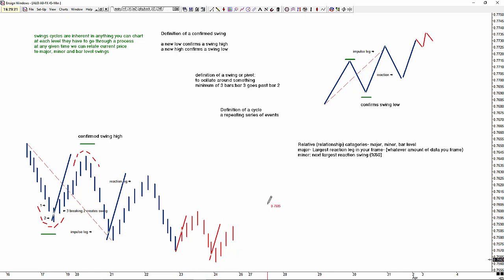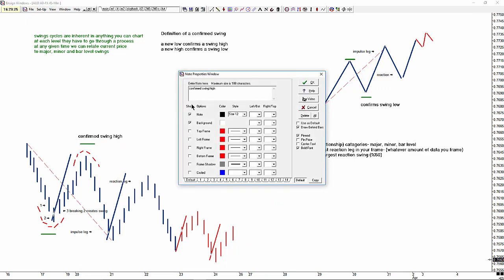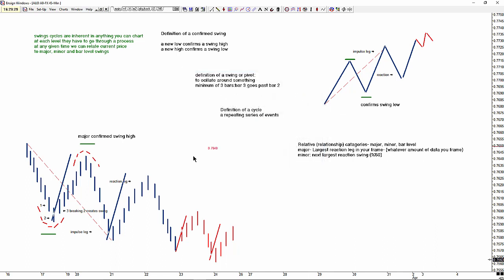So we're going to make another distinction in here. So we'll call this a major confirmed swing high, and we'll call this a minor confirmed swing high.